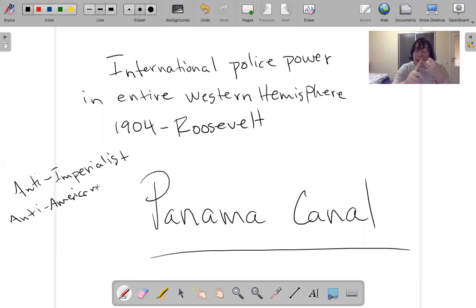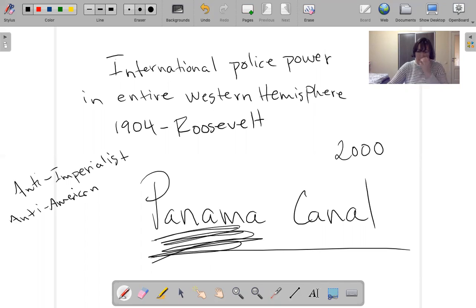I can't tell you how rich the rich people of Latin America were getting, while the poor were just staying poor. And nationalism was growing all around Latin America at this time. And the nation of Panama did not actually get control of the canal in their country until recently, until the year 2000. In the year 2000, Panama got control of the canal in their country.